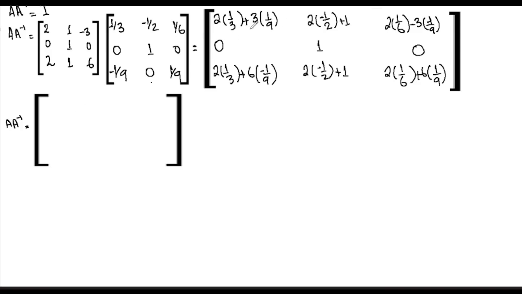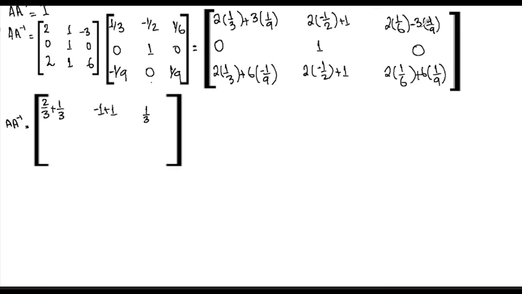So this is the next step. We are going to multiply all of them and then solve them. So 2 into 1 by 3 gives us 2 by 3, plus 3 into 1 by 9 gives us 1 by 3. Then we have 2 into minus 1 by 2 gives us minus 1 and then plus 1. Then we have 2 into 1 by 6 gives us 1 by 3, and then minus 3 into 1 by 9, sorry, this is not minus 1 by 9, it is plus 1 by 9.